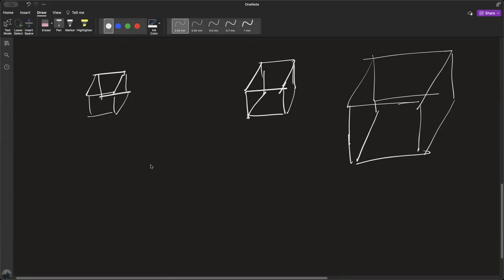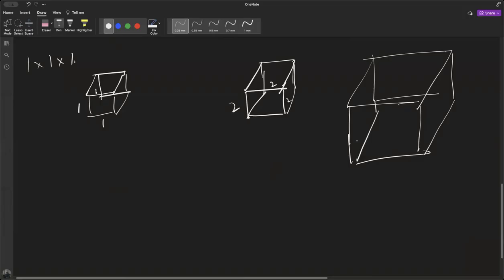Making sense? So this is 1 by 1 by 1. This is 2 by 2 by 2: 2 breadth, 2 height, and 2 length.